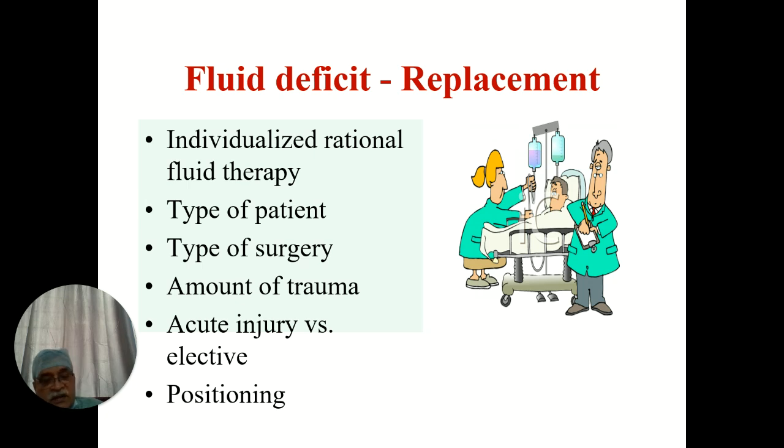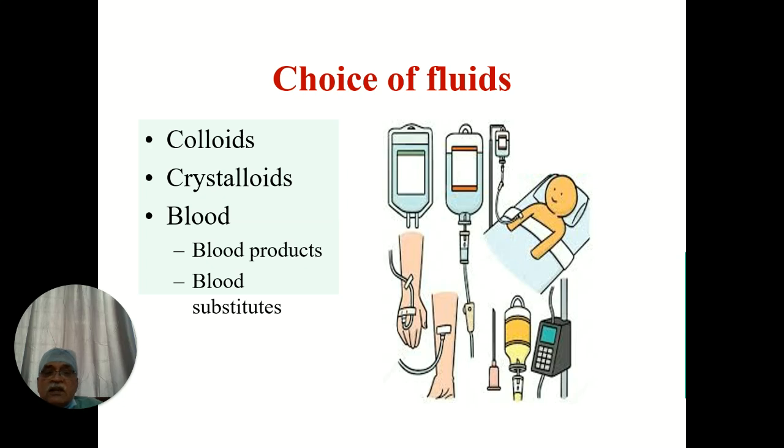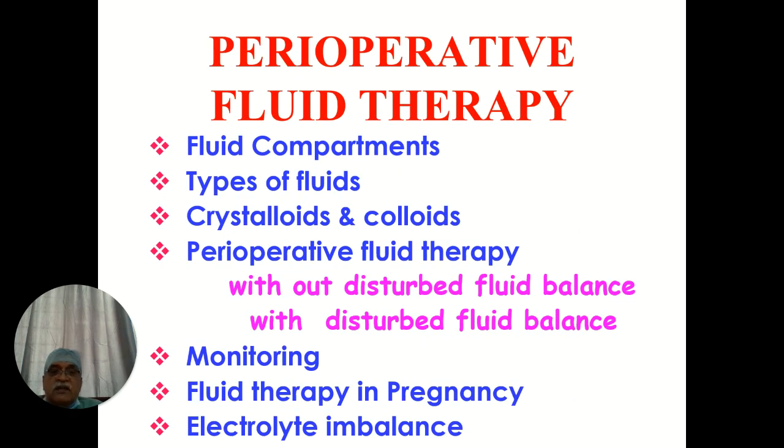Positioning of the patient is also important in these patients. Choice: there are crystalloids, colloids, and blood products. These are the things which we usually replace perioperatively.